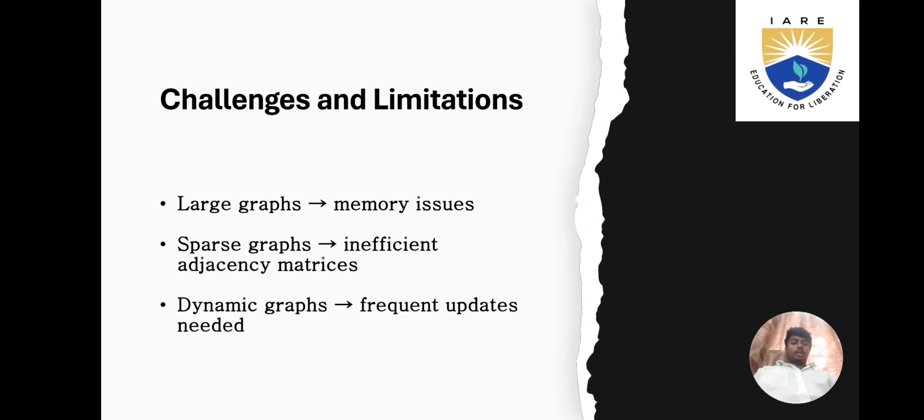The challenges and limitations. If you use large graphs, you can face memory issues. Sparse graphs are inefficient for adjacency matrices. For dynamic graphs, you need to update frequently. Whenever there is an update, you need to change it very frequently, and there are some limitations regarding these graphs.